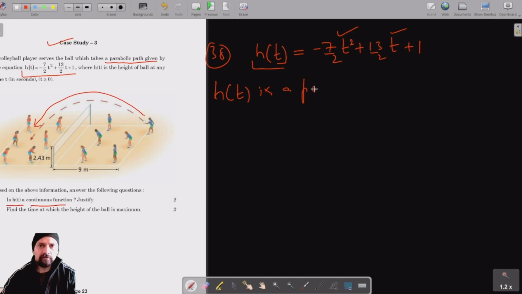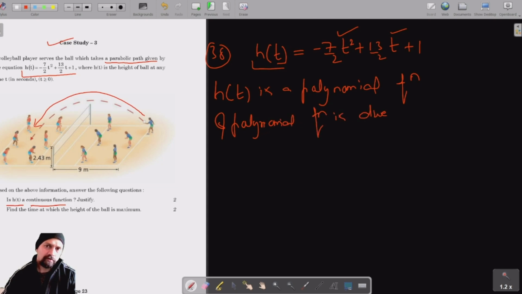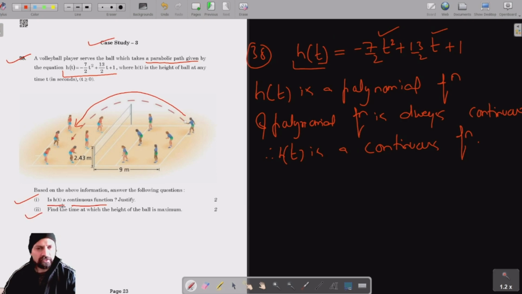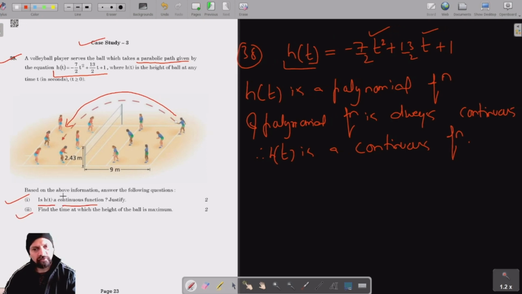This is a polynomial, and we know that a polynomial function is always a continuous function. Therefore h of t is a continuous function. Okay, now we have to find the time at which the height of the ball is maximum.